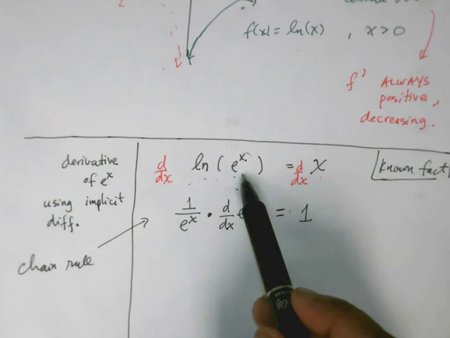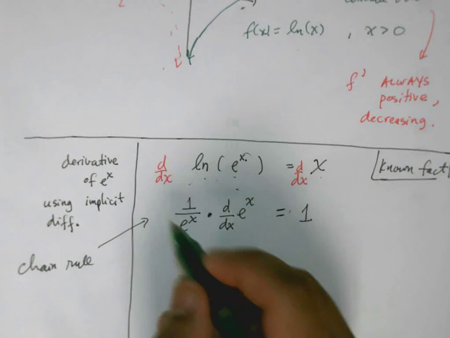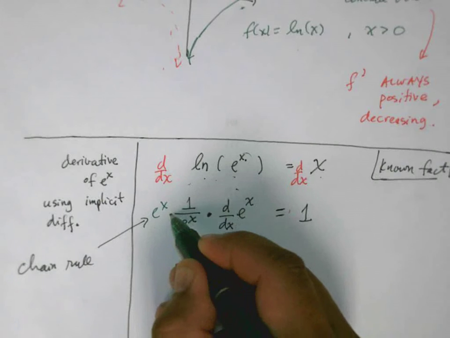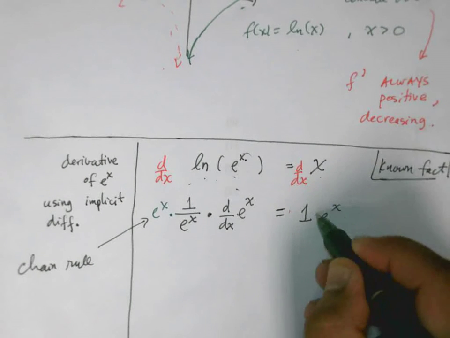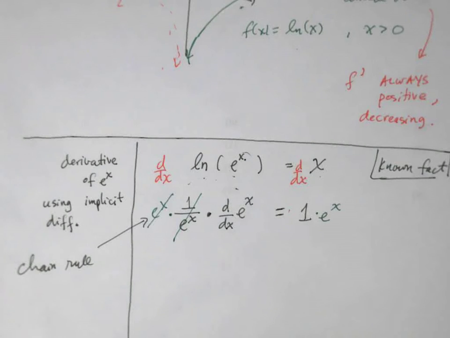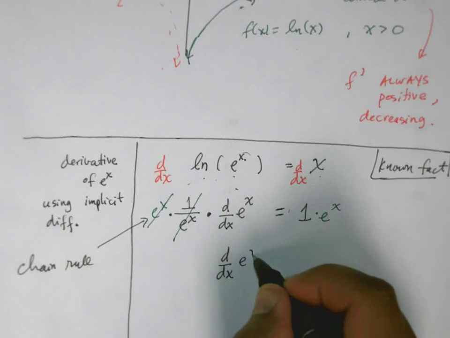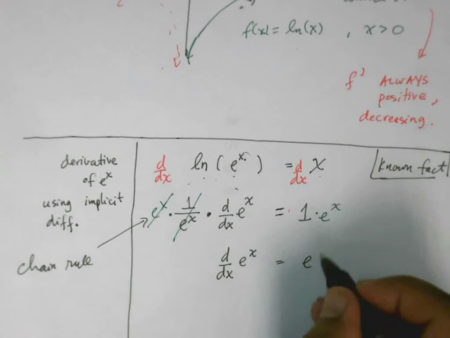If we multiply both sides by e to the x, this expression goes away because that's just 1. So that tells us that the derivative of e to the x is equal to e to the x.